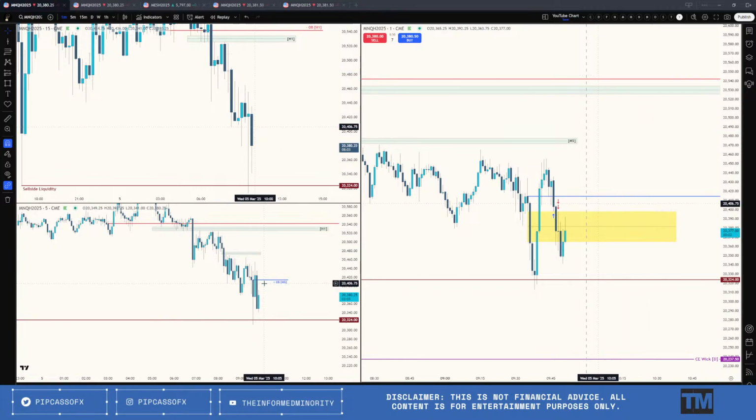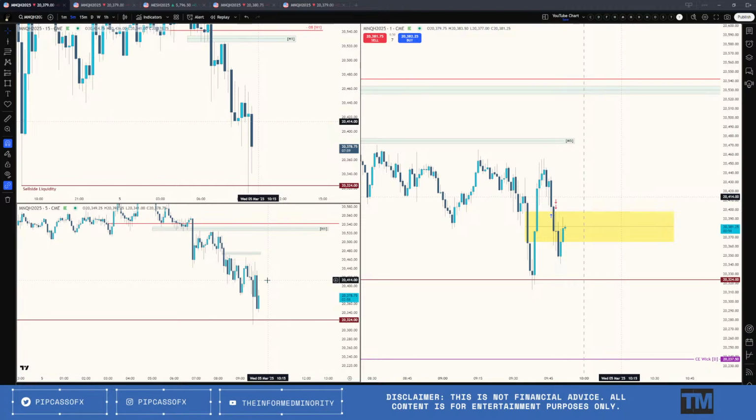Because this had already closed through the gap, it's not a bullish order block anymore. Not something of any importance. But again, still favoring at least the upside a little bit. I just might have traded too deep for what I was looking for.